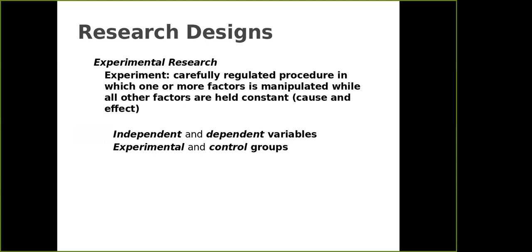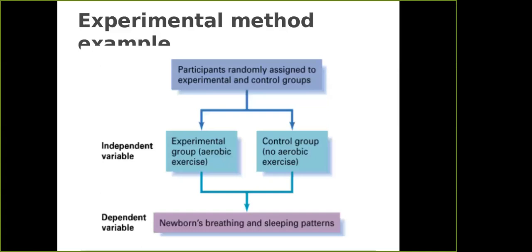So the idea here is to control for all those other possible explanations, to eliminate those variable Z's so that you're only talking about variable X and Y. And the way they do this is through an experimental design that involves independent and dependent variables. Independent variables are sometimes called the experimental variable. The dependent variable in a simple research design it could be thought of as the control group.